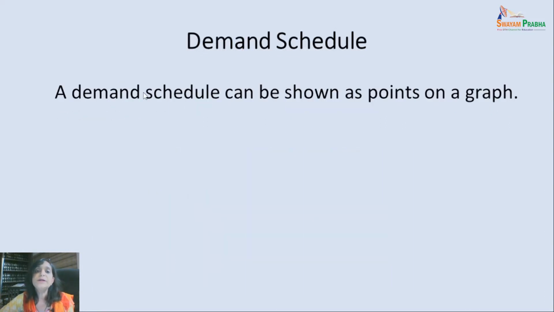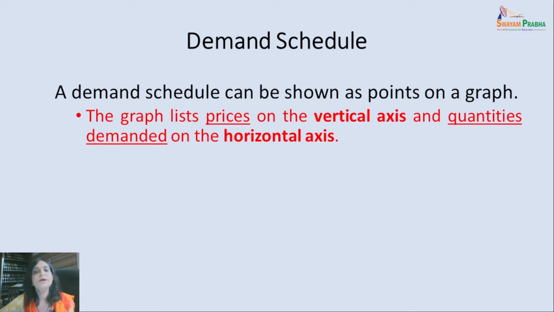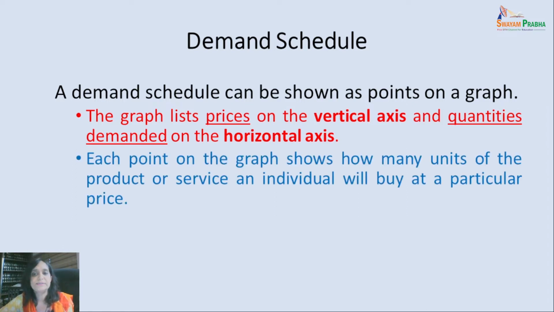Now, the points we have just seen on the demand schedule, where we have taken the price of widgets and the quantity demanded of widgets, can be plotted on a graph. In this graph, drawn with the help of the demand schedule, we will take the prices on the vertical axis, that is the y-axis, and the quantity demanded on the horizontal axis, or the x-axis.